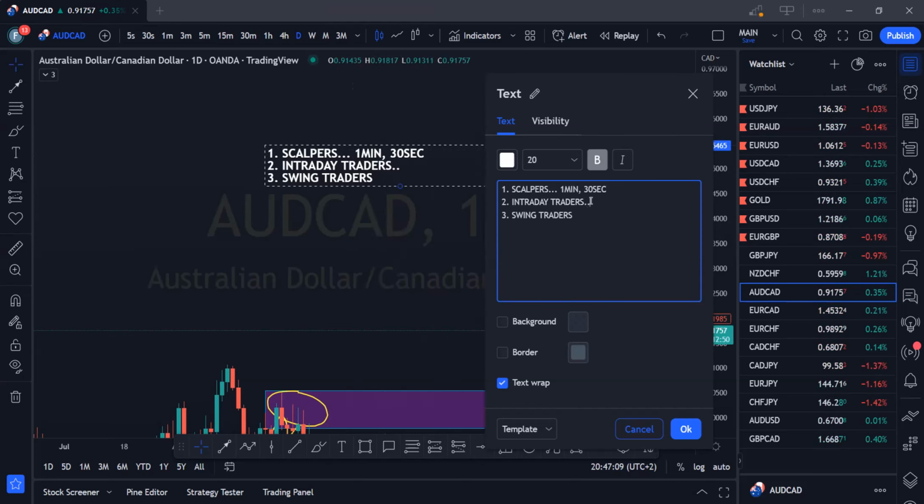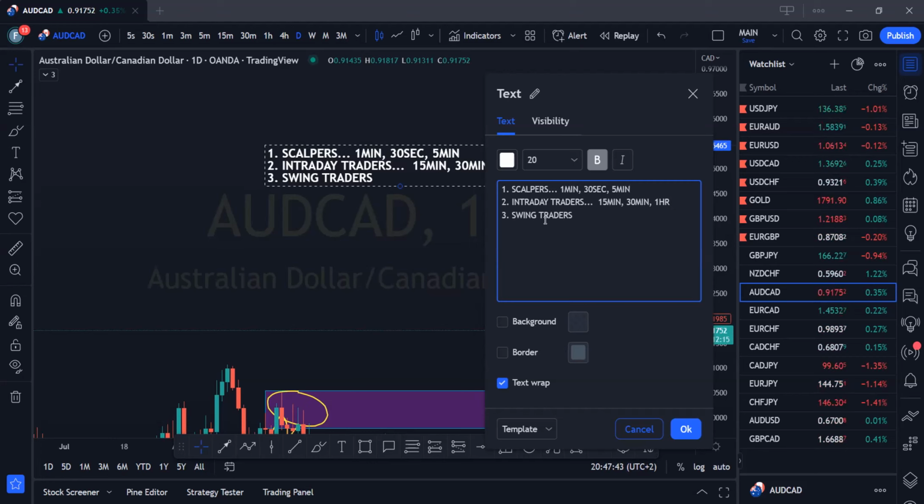Intraday traders are traders that are willing to hold a trade for a few hours in a day, or a day, 2 days max. An intraday trader will naturally be trading on, let's say, the 15 minutes, 30 minutes, or 1 hour time frames. A scalper can also take entry on, let's say, a 5 minute chart.